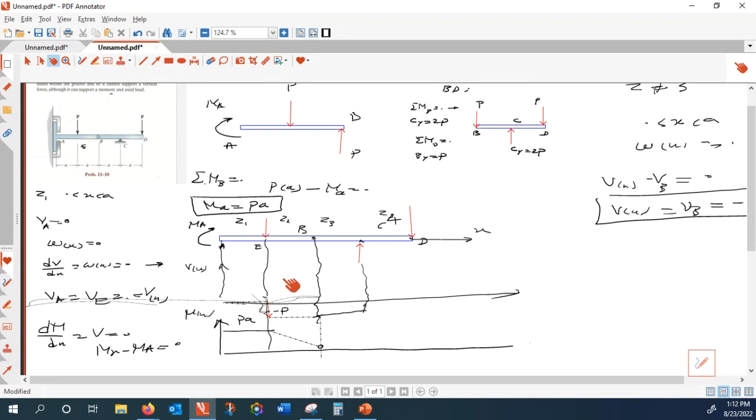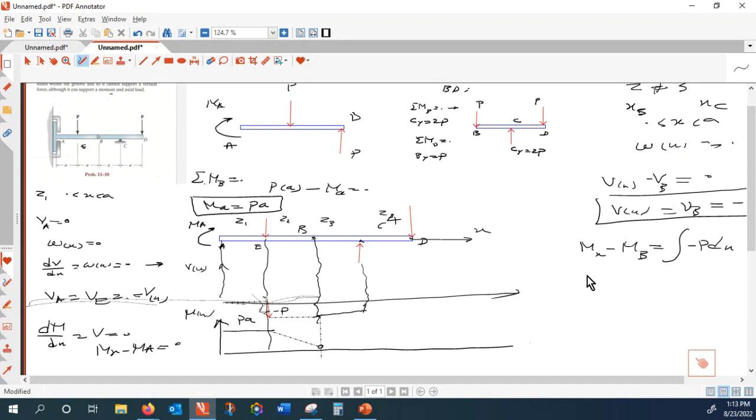Right. So if I want to find the variation of bending moment between B and C, so this is between B to C. So that is M of x minus M of B is equal to the integral of minus P dx.